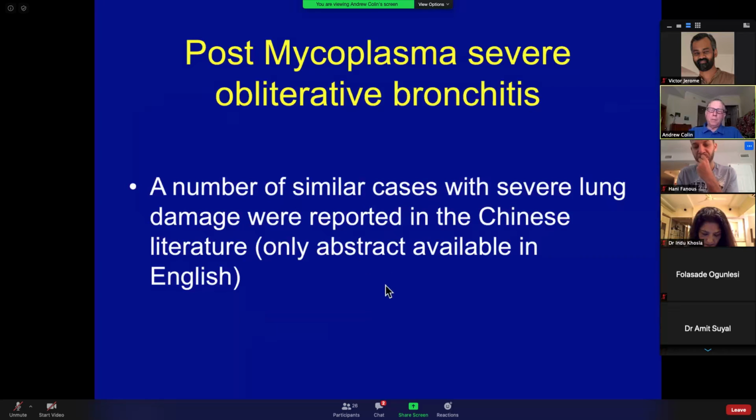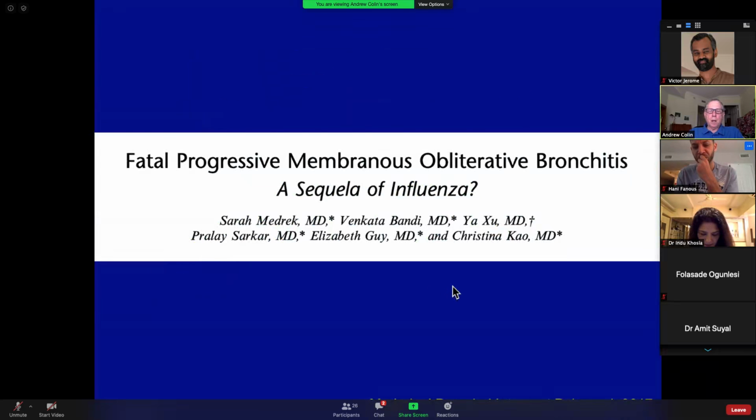Incidentally, there is quite a bit of literature from the Far East, including Taiwan and China, about severe presentations of mycoplasma, including not only these obliterative cases, but also necrotizing pneumonia, a series of five cases from Taiwan, as well as numerous cases from mainland China.